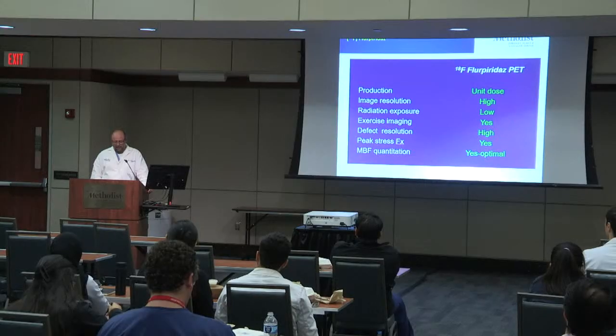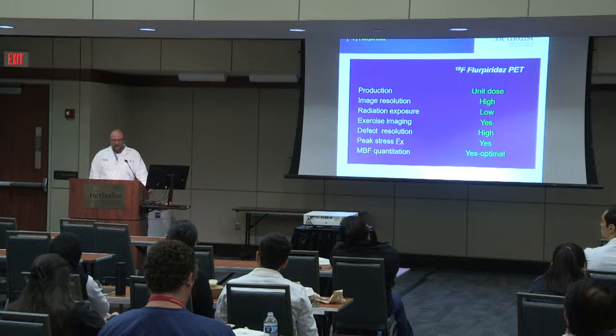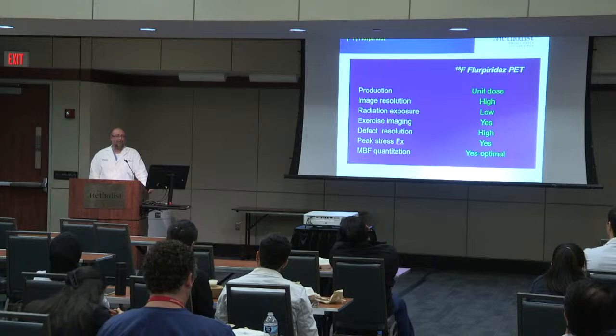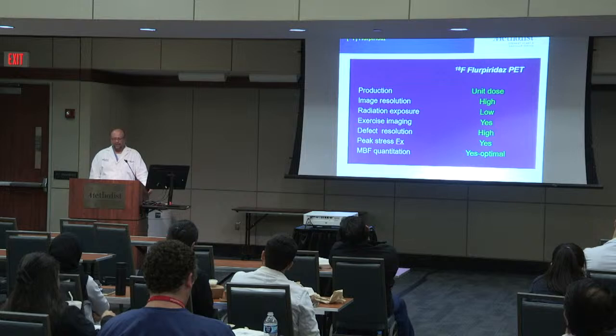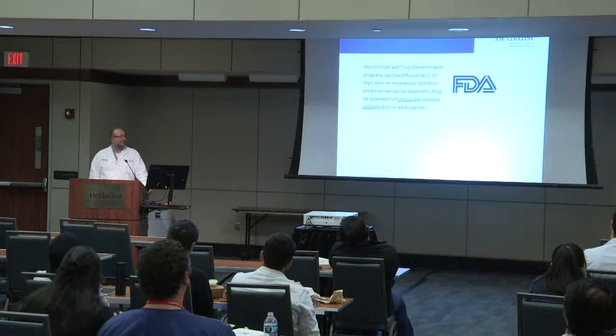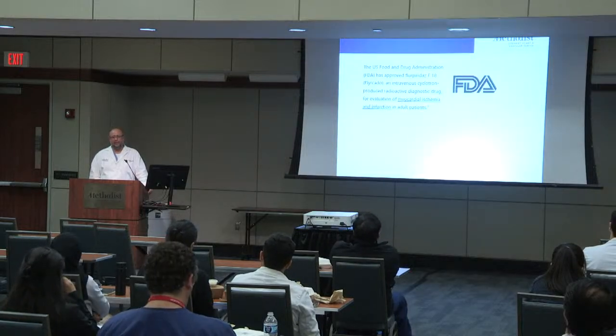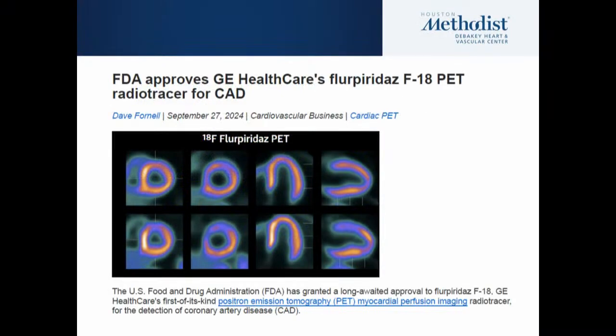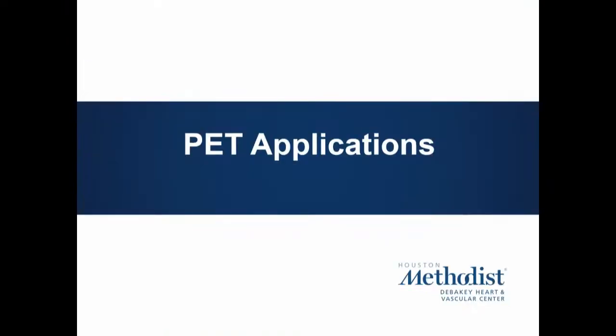So there is still a lot of work to optimize the protocols, but it looks like we now have a tracer which hopefully will allow us to expand the utilization of PET. This is the announcement from FDA on Friday that this is now being approved, and hopefully it will be clinically available this quarter, and we'll see some of these cases.